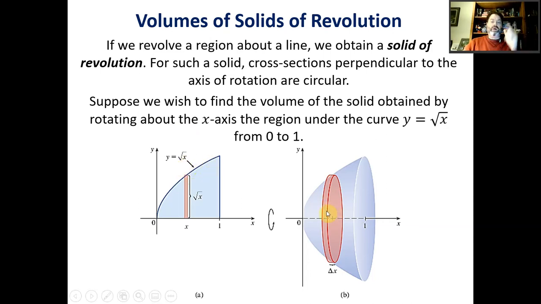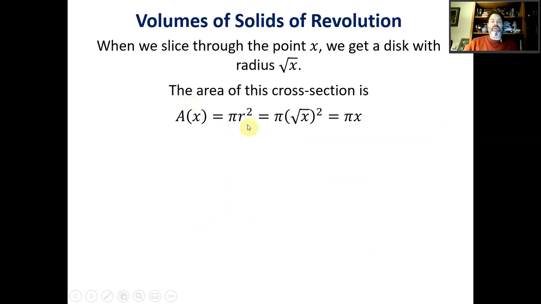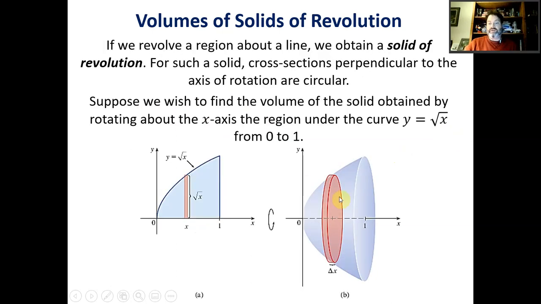But when we try to compute the area of this disk, the radius is whatever the height of the function is. In this case, square root of x. So we plug that into the area function, right? So the area of a circle is what we're talking about. We're talking about the area of this circle right here.